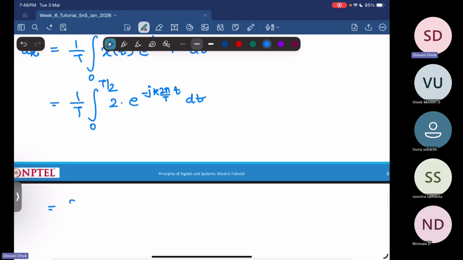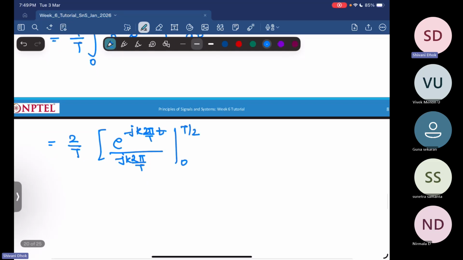So this is equal to 2 by T into e power minus j k 2 pi by capital T into little t divided by minus j k 2 pi by capital T, from 0 to T by 2. So this T gets cancelled, this 2 and this 2 also get cancelled.